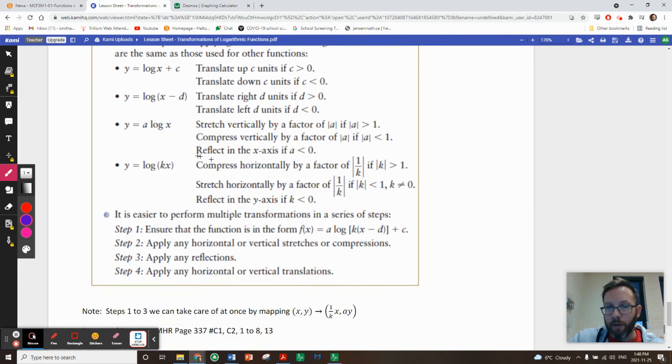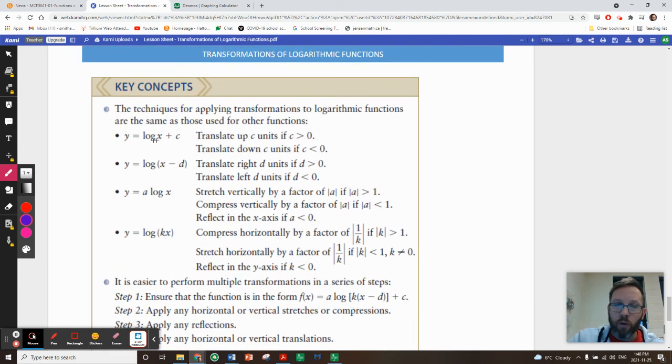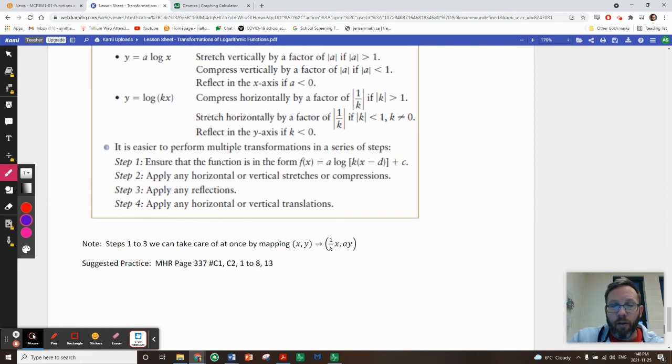Just summarizing what we did, a review of the different transformations as they apply to the logarithmic function. And it's the same as they always are. And for graphing, in my opinion, it's easier to perform multiple transformations in a series of steps. I like to do the stretches, compressions, and reflections all at once.